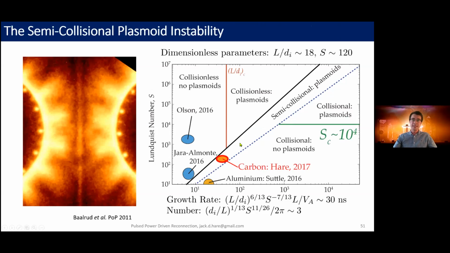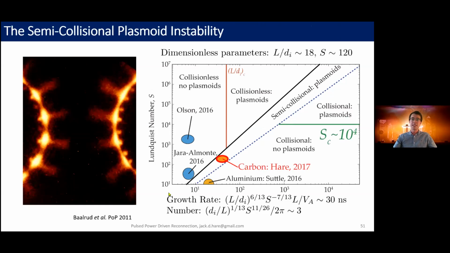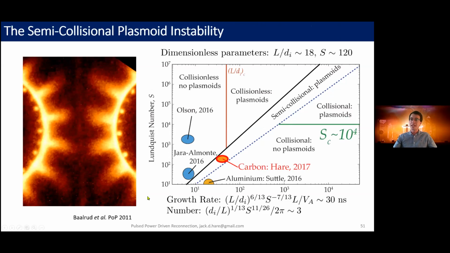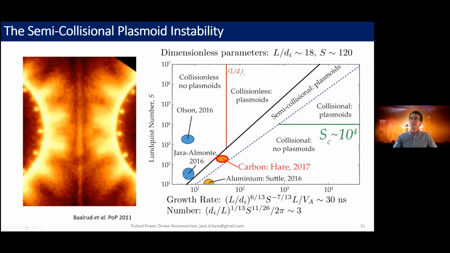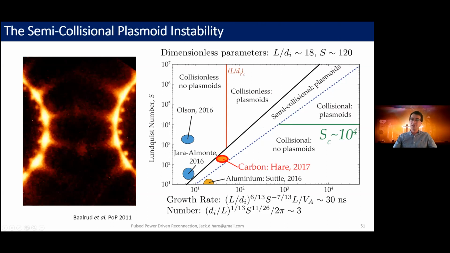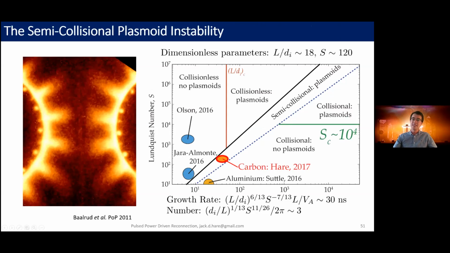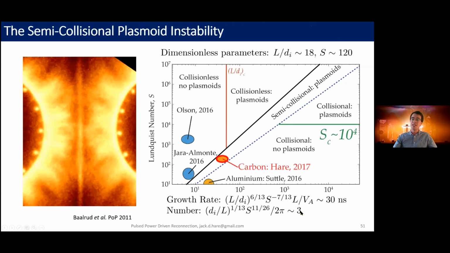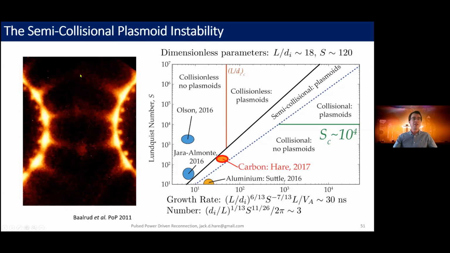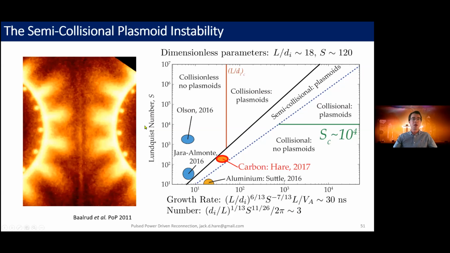That's a very nice place to be, because there are theoretical predictions for the growth rate and the number of plasmoids we would expect. When we calculate these, we get a growth rate around 30 nanoseconds and a plasmoid number of around 3, which compares very nicely to what we observe in our 12-frame imaging.